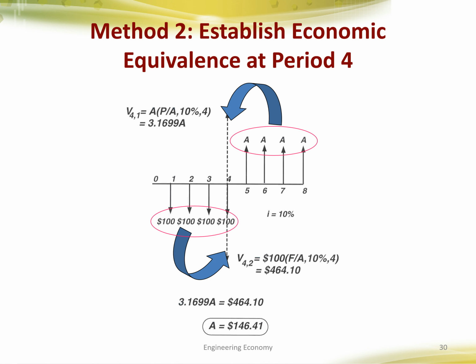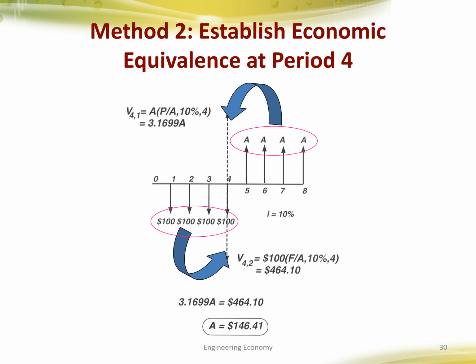So for the first sequence, we just need to take given A, find F, 10% and 4, using 100 multiply, we get 464.1, and it has to be equal to, if we take these 4 A's and convert them to the end of period 4.